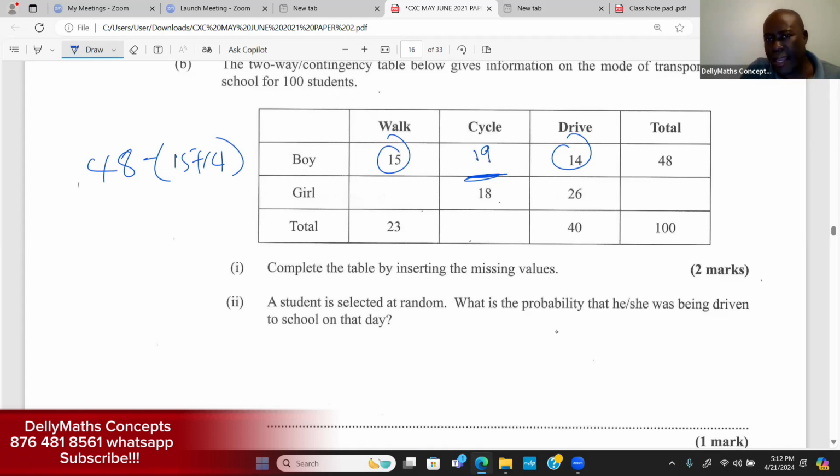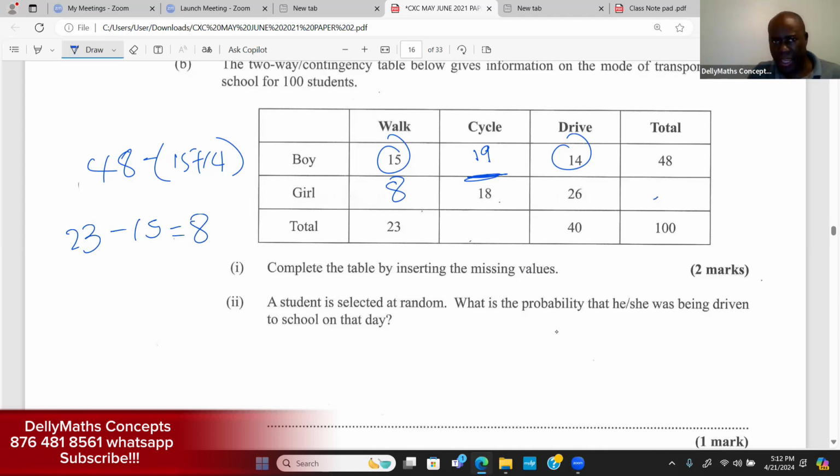And we keep working like that. This spot here I could easily find because the total is 23. So 23 minus 15, I'm going to get 8. So this is 8. Then I'm going to go down here. So I have walk, cycle, and drive.